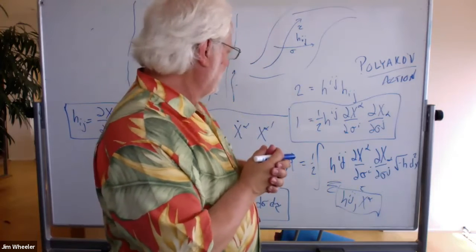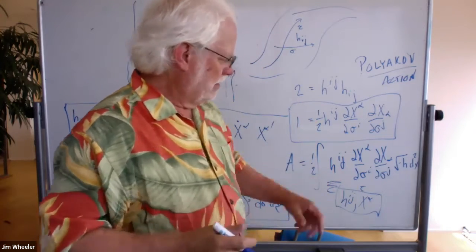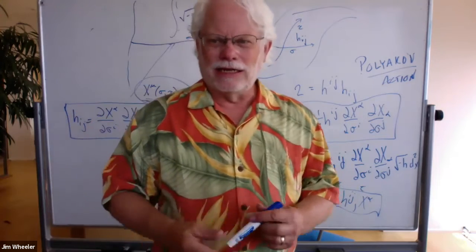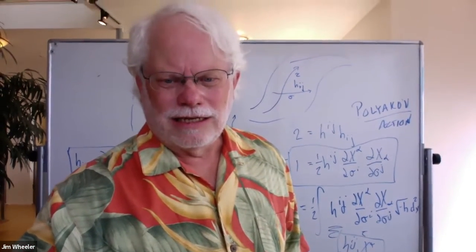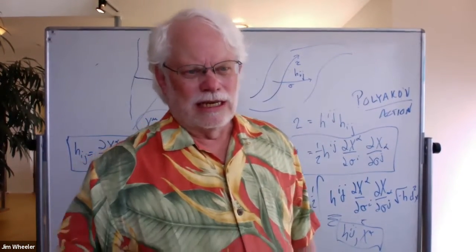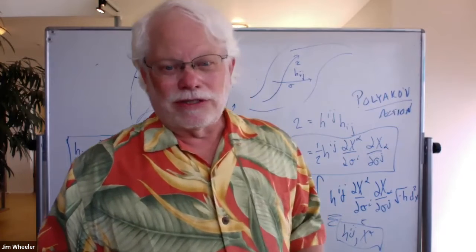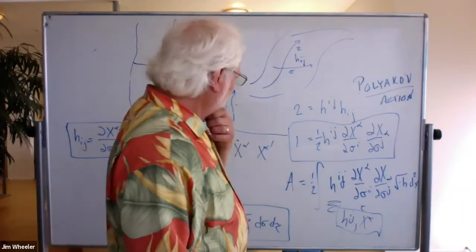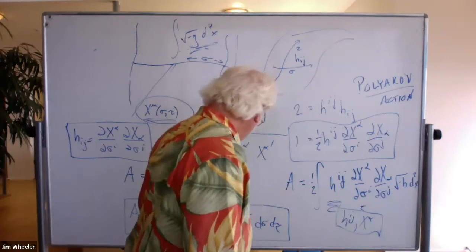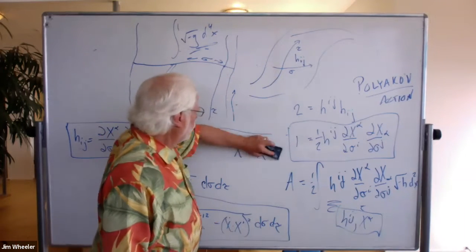Here, it turns out to be very convenient to vary H independently of X and get a second set of field equations. Since there are no derivatives of H in this, there are no dynamics for H itself, except those induced by the motion of X. So that all works.